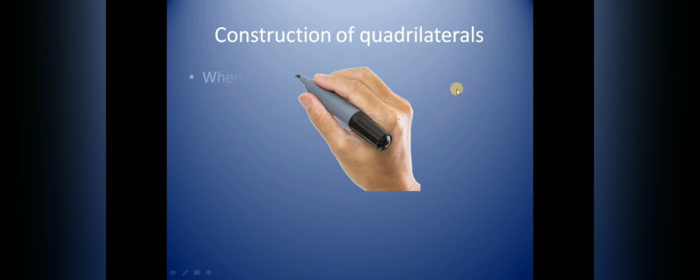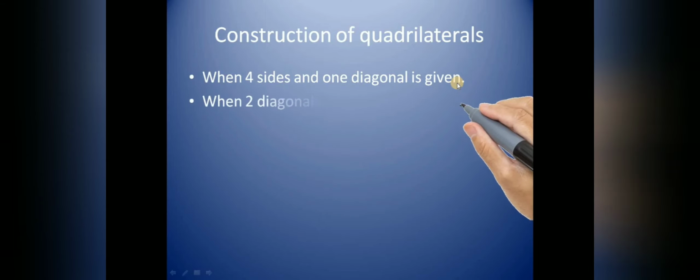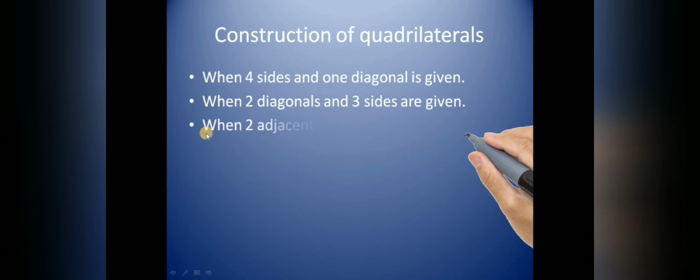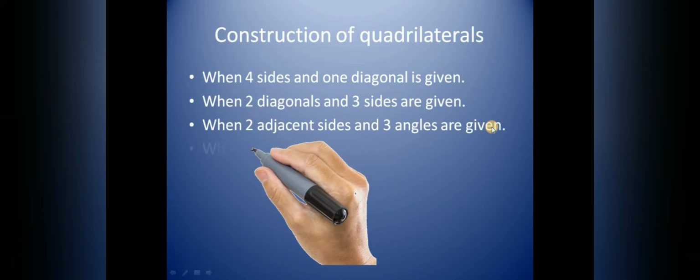Among them, we already learned when four sides and one diagonal are given, in the previous video. The second one is when two diagonals and three sides are given. The third one is when two adjacent sides and three angles are given.